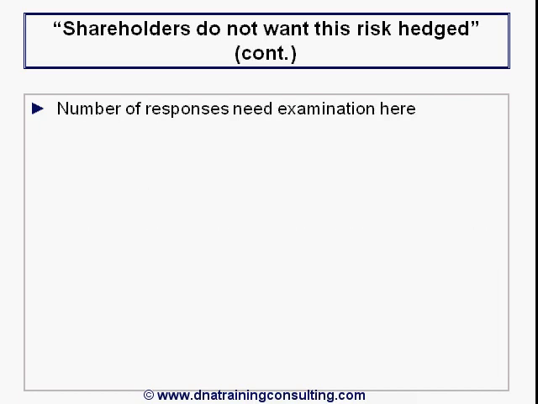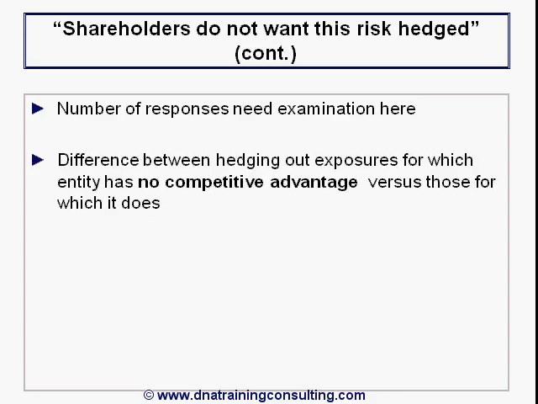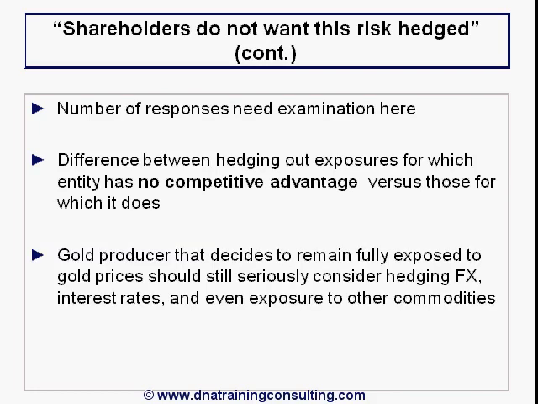A number of responses need examination here. For one, there is a difference between hedging out exposures for which the entity has no competitive advantage versus those for which it does. The gold producer that decides to remain fully exposed to gold prices should still take seriously the need to hedge FX, interest rates, and even its exposure to commodities other than gold, as to which it cannot legitimately claim to enjoy any competitive advantage.